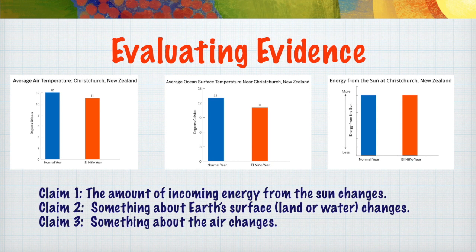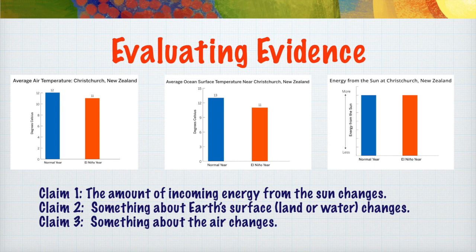Then the third chart shows the energy from the sun. As mentioned before, New Zealand is not changing location, which is why it's not surprising to see that they have the same amount of sunlight during a normal year and an El Nino year.